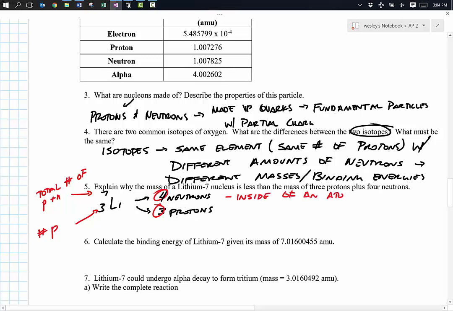So inside of an atom, protons and neutrons have smaller mass than they do on their own. That mass defect is what we call that.